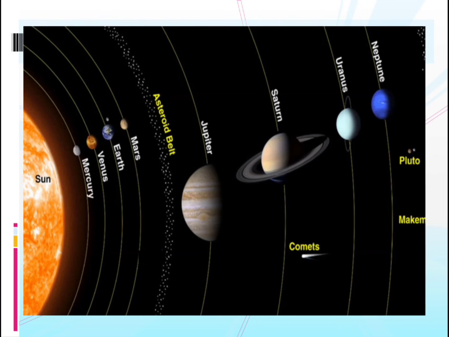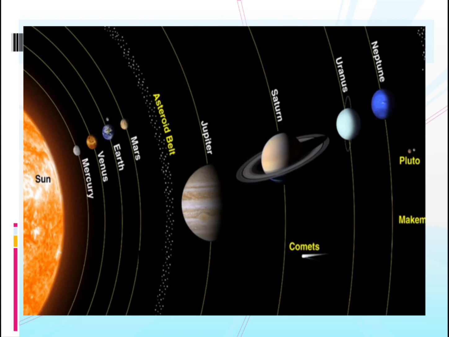They spin around themselves. But here Uranus rolls like a ball. It does not spin, it rolls. And for one revolution around the sun, it takes about 84 years.